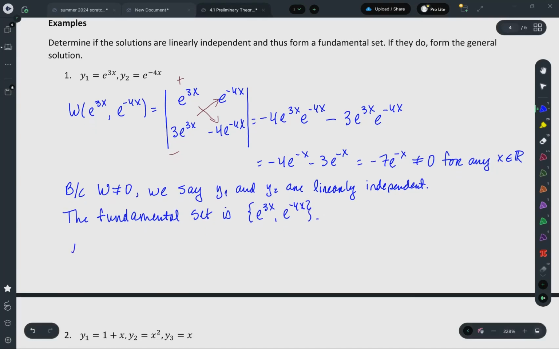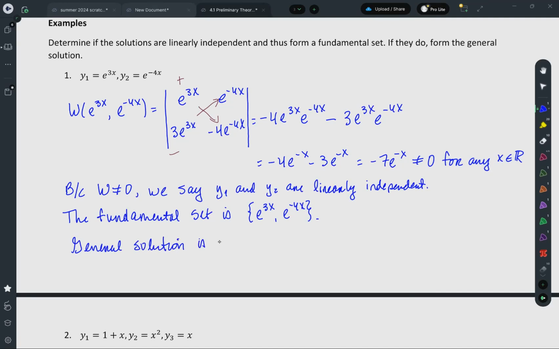And then the general solution is y equals c1 e to the 3x plus c2 e to the minus 4x. And that's it. So 2 by 2 is not bad. The calculations are pretty straightforward.